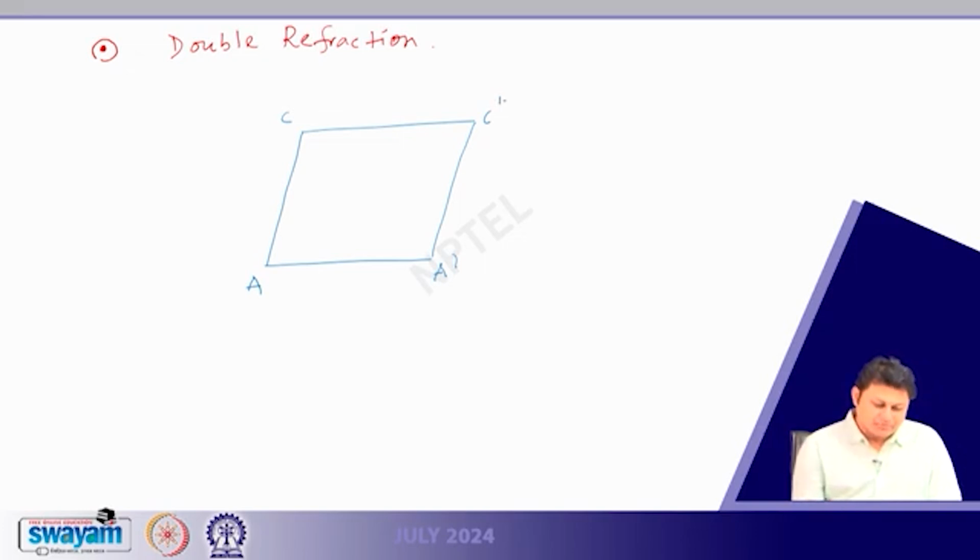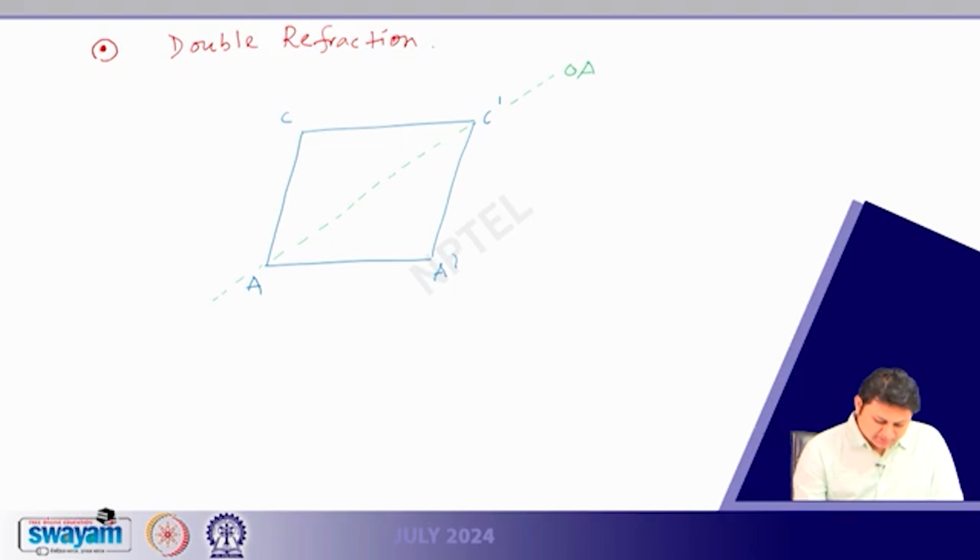Along AC prime, we have, say, our optic axis. So this is the direction along which we may have our optic axis. So let me draw the direction of our optic axis. That means along this direction, the atoms are symmetrically placed. This is our OA.